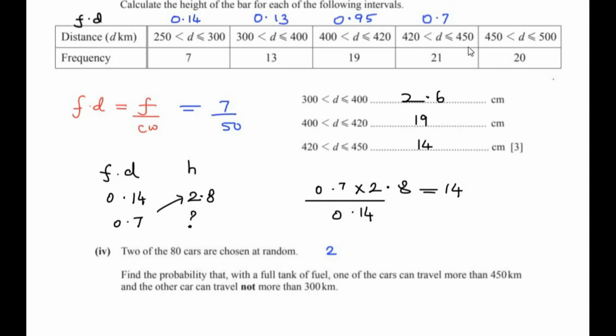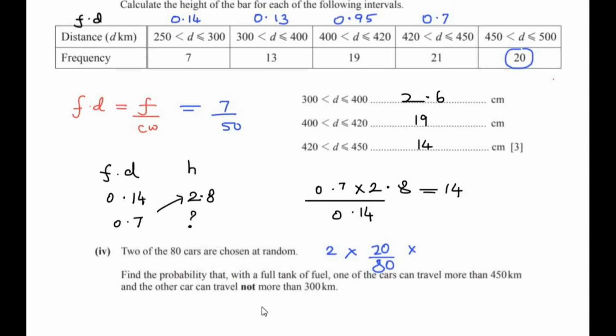And if we go to the class interval just before it, 21 cars have traveled between 420 and 450, which means these are the number of cars that can travel more than 450 kilometers. So here we are going to write 2 multiplied with, let us take 20 cars out of 80 that have traveled more than 450 kilometers, multiplied with.